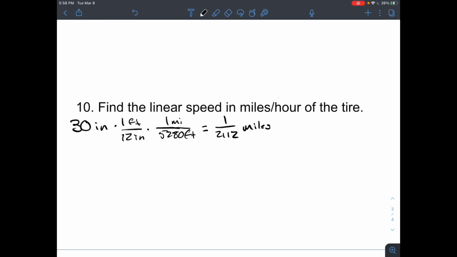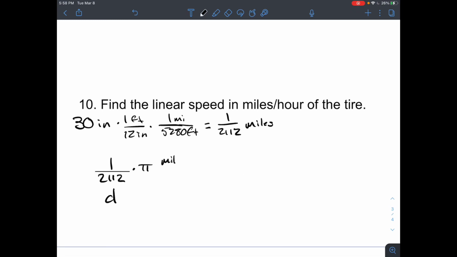So now we can start and say per revolution. So this is going to be the calculation of the circumference of that circle. We'll get our diameter. Think of this as a diameter. Diameter times pi. So this is going to be miles per rev.